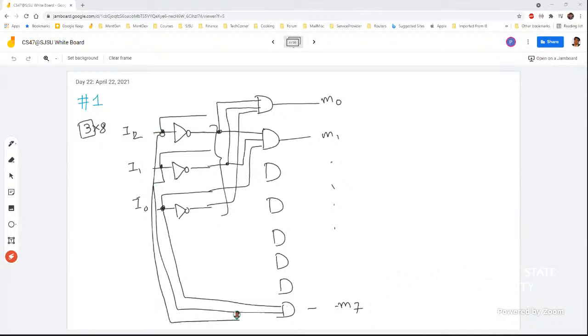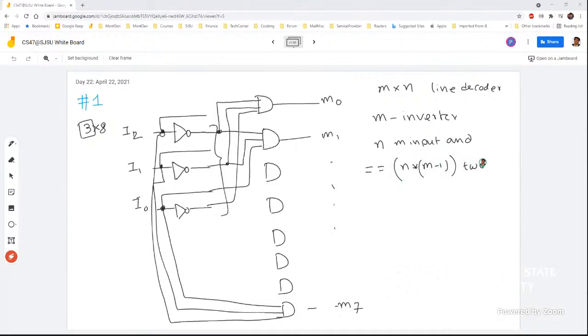So in general, we can make a generic statement: for an M by N line decoder, we need M inverters and N AND gates with M inputs, which essentially means N multiplied by (M minus 1) 2-input AND gates.